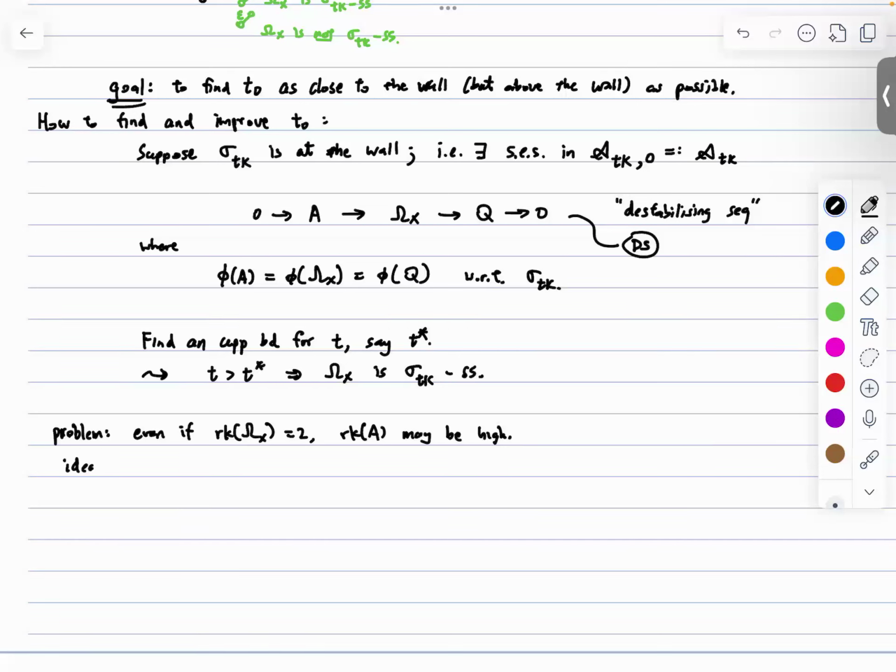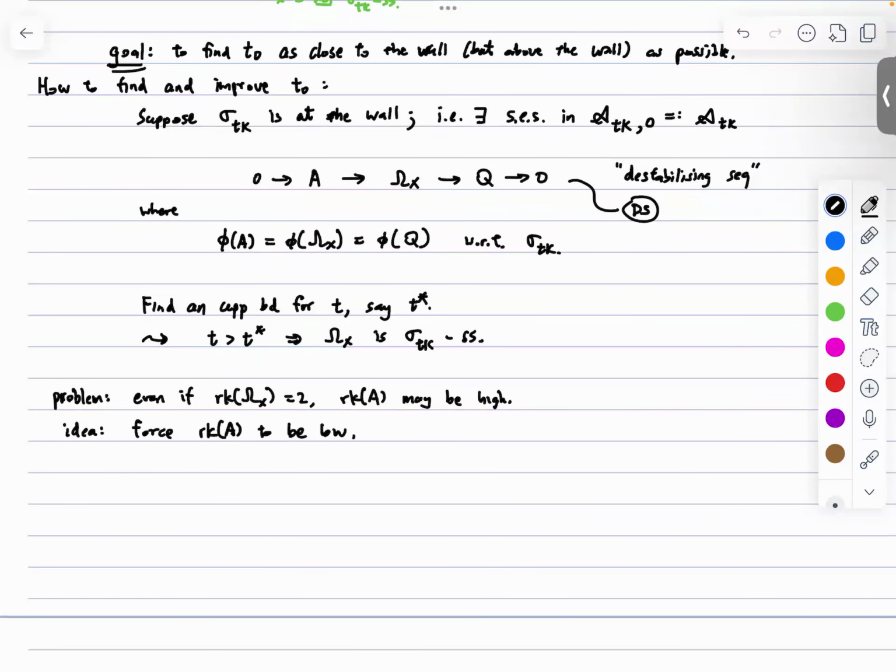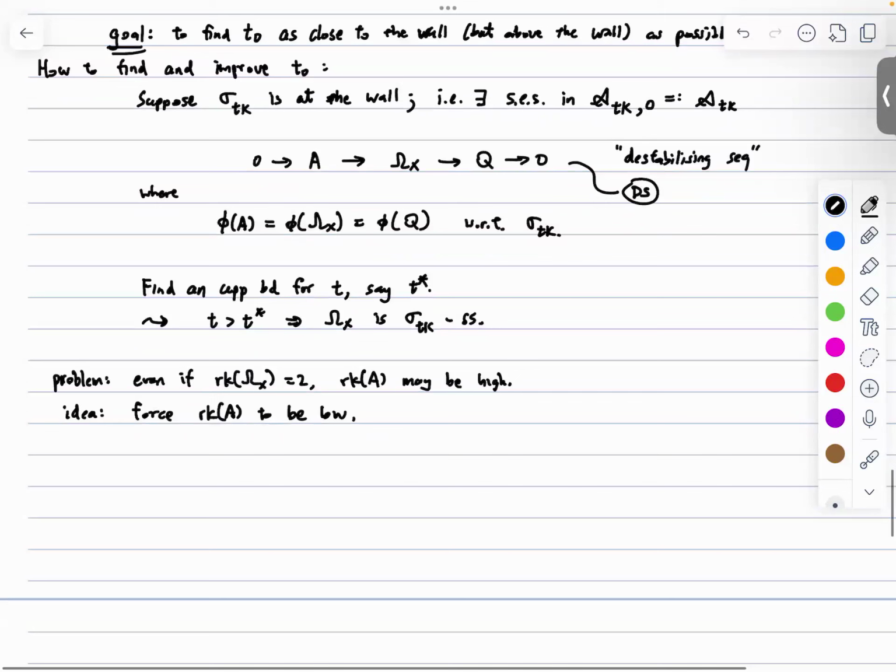So an idea is we want to force the rank of A to be low to begin with. And this is one way to force the rank of A to be low.